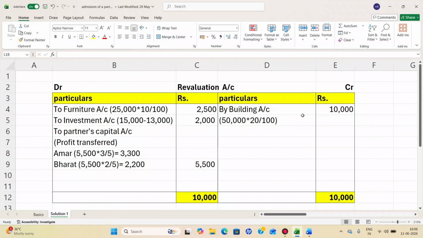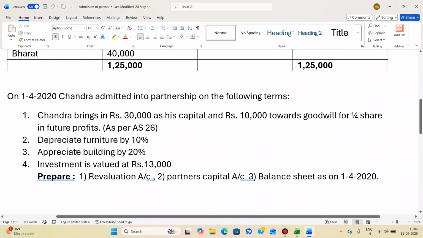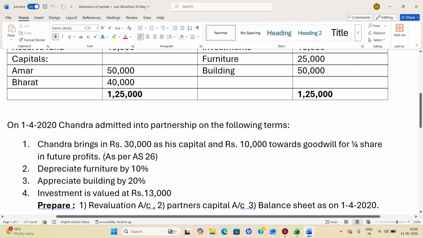If any asset value is increased, I would have written it on the credit side. After that, there is nothing else. Prepare revaluation account, partners capital account, balance sheet. So we have already prepared the revaluation account. We have recorded the debit side, that is depreciation and investment, and on the credit side appreciation of building.